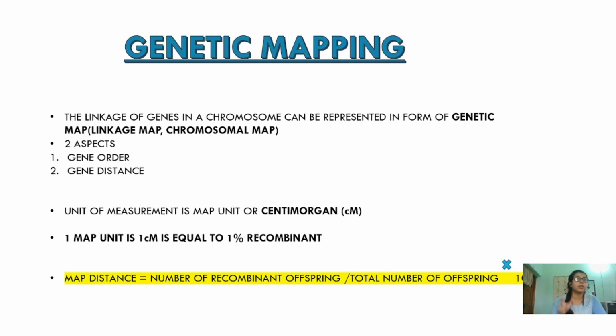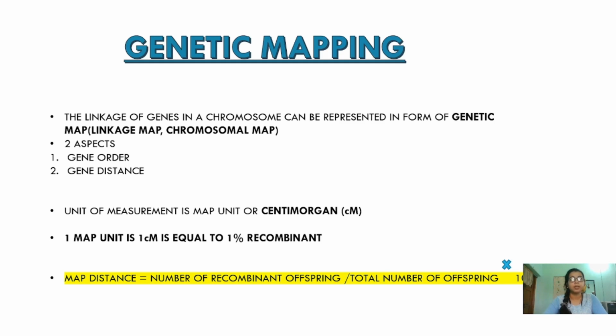Because genetic mapping shows the distance, not only the gene order, but also the recombinant frequency. How can we find the recombinant frequency from this? Because 1 centimorgan is equal to 1% frequency.